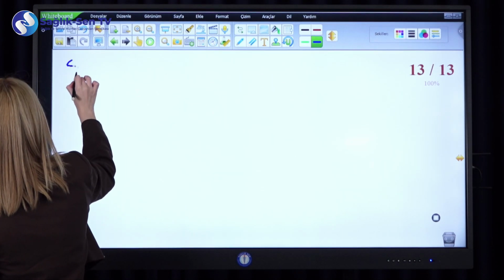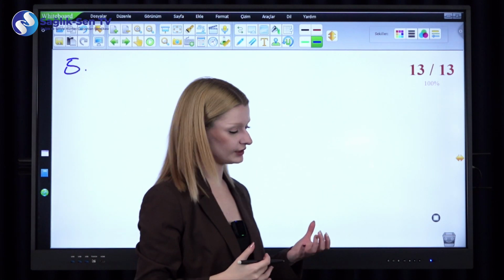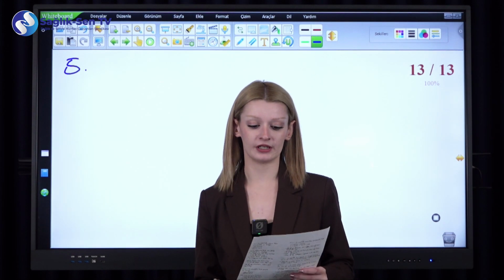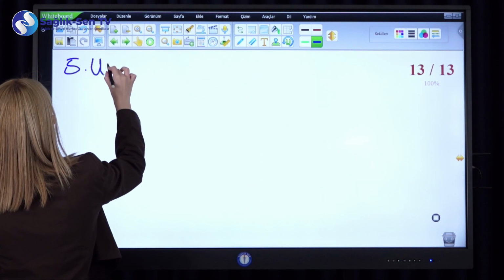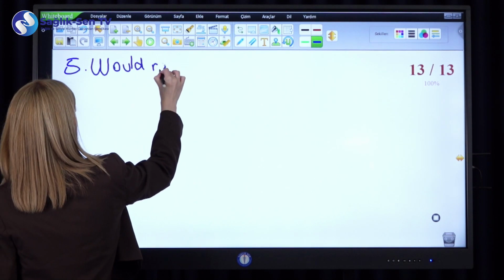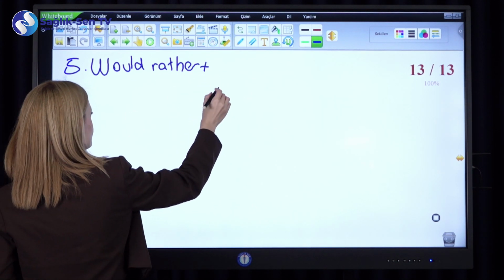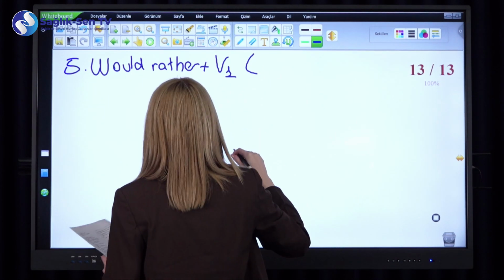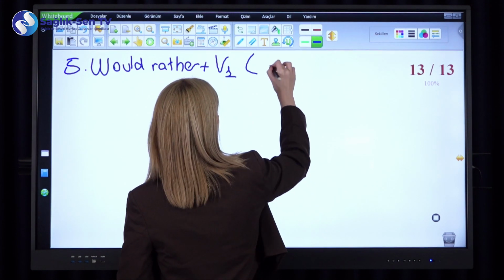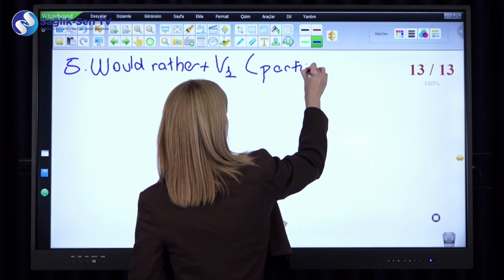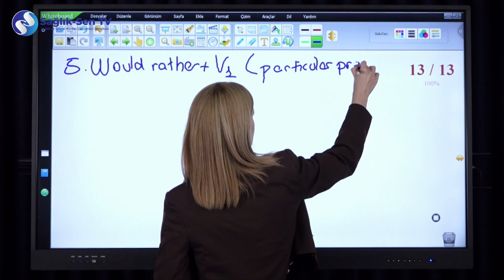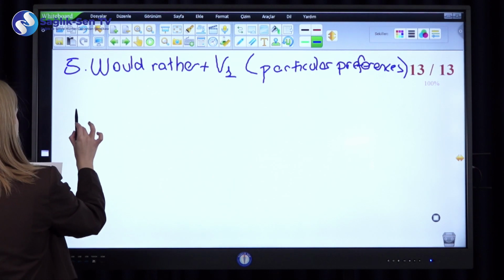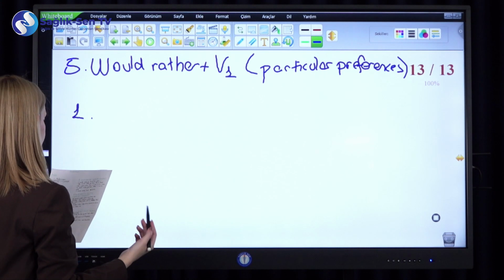Now, we have two more ways to express making choices and preferences. Our next one is would rather. After would rather, we use the bare infinitive, which is verb 1. And we are using this to express particular preferences. Let's start with our example.